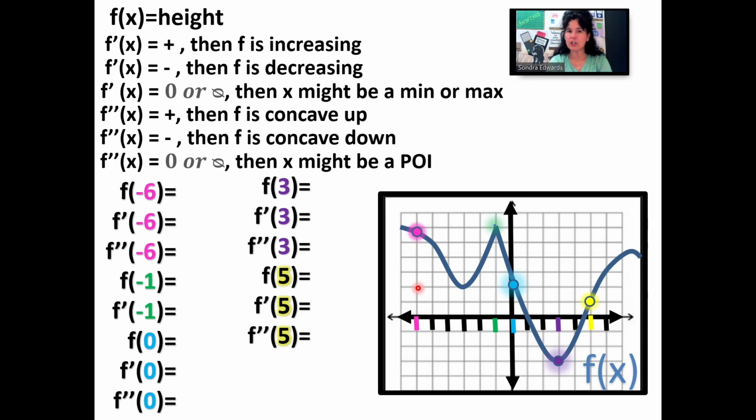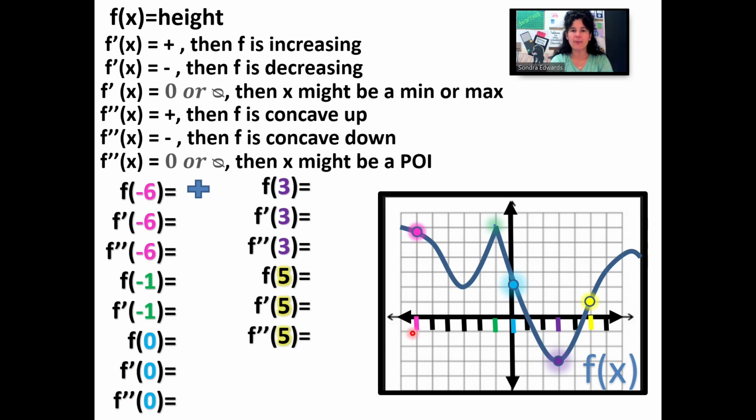So it's up 1, 2, 3, 4, 5, 6. We get out +6. So that's just saying we're above the x-axis. If you substitute -6 into the first derivative, that tells us increasing, decreasing.